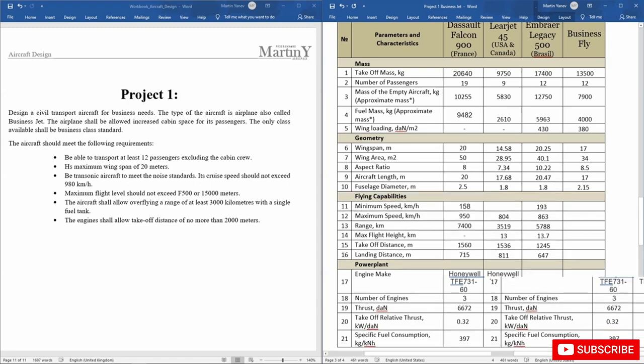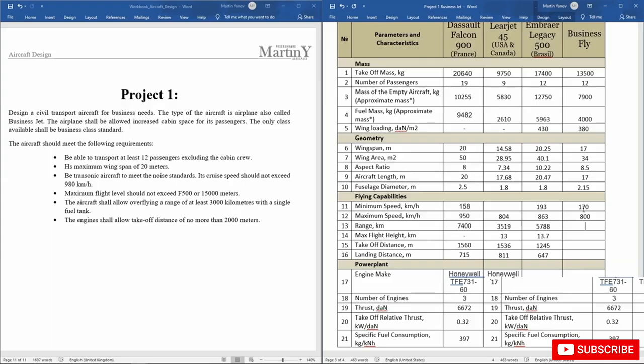Then the minimum speed will be about 170. The maximum speed, I would say, is going to be about 800, okay? And you remember the maximum speed that we couldn't exceed was 950. So this is a valid maximum speed that we're using here.